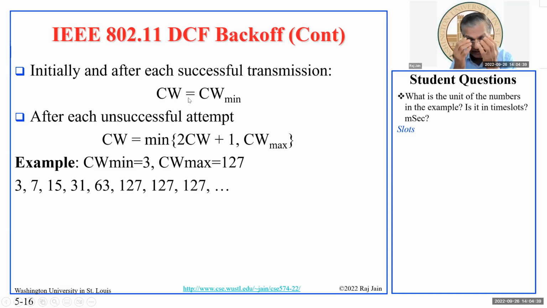Okay, so there are three things here. First of all, you have to draw a random number. Okay, and the random number range is increased every time. So if you did first time and you succeeded, then you are set. If you didn't succeed, then you increase the range. If you didn't succeed, you increase the range further. Why? Because the reason you're not succeeding is because there is too much crowd out there.